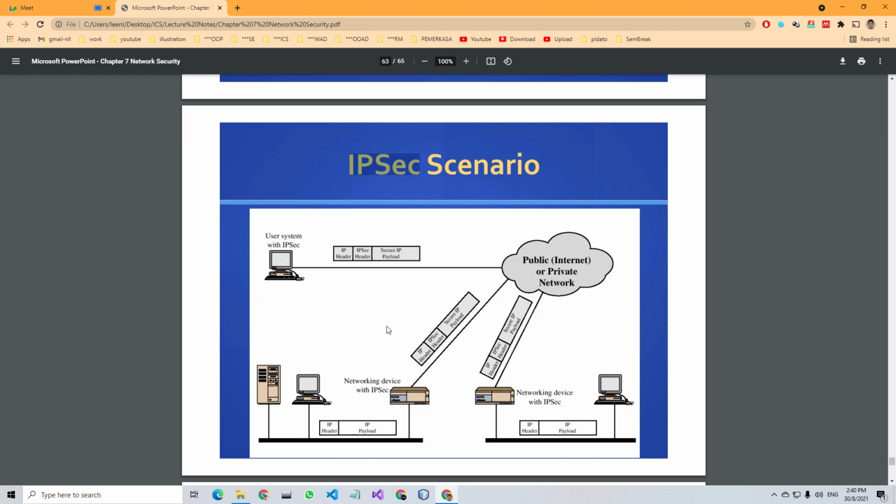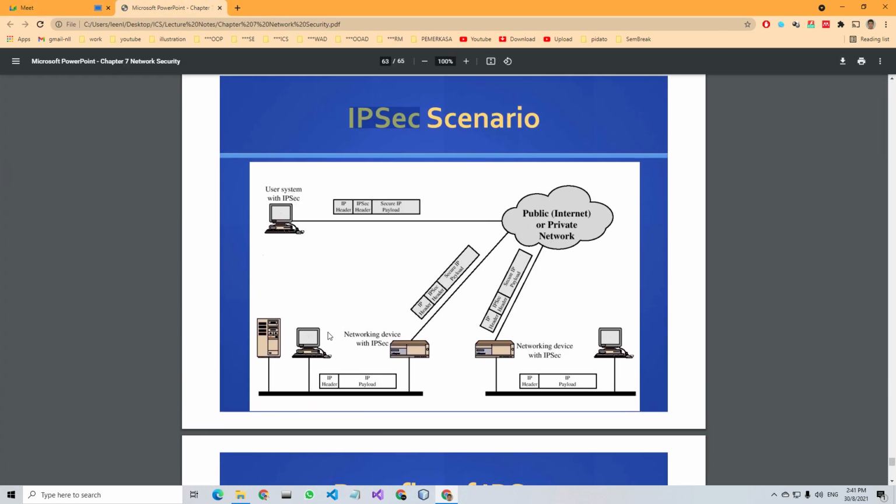IP security is often used to set up a VPN. That's why you can see in the diagram there is a public network and an internal or private network. So it works by encrypting the IP packet, and then along with that, authenticating the source where the packet comes from.